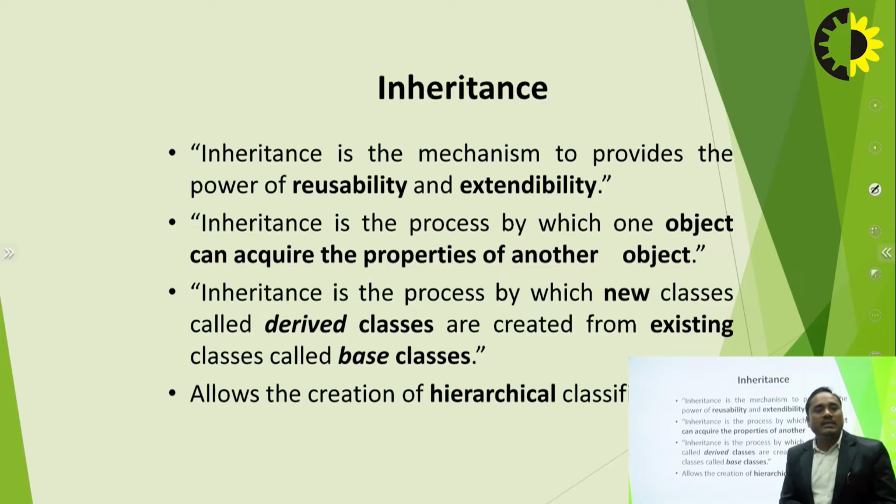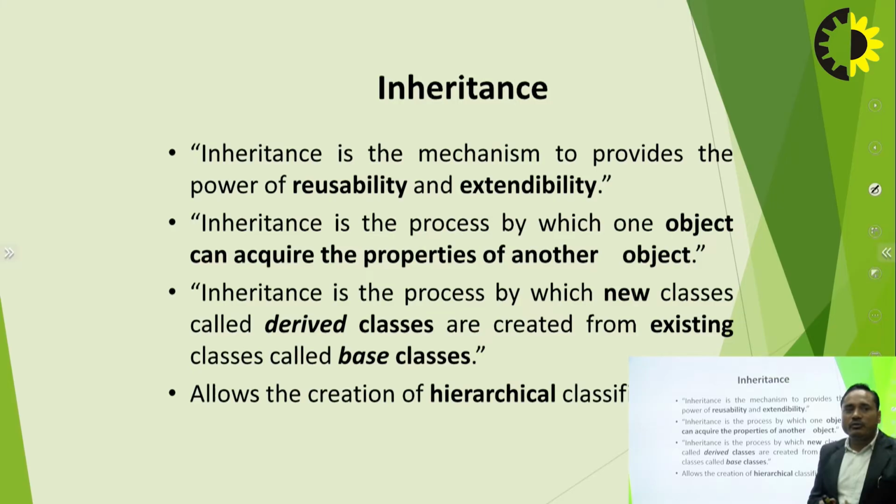So why are we saying it is a hierarchical classification? Because inheritance basically follows the hierarchical classification. If you discuss the different types of inheritance, there are single inheritance, multilevel inheritance, and hybrid inheritance. So inheritance can be categorized into different levels.